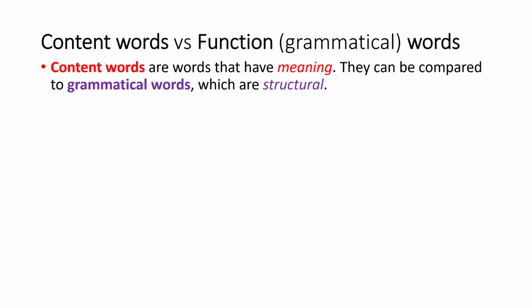And function words, or grammatical words, are going to be used for structure. They're going to be used basically as grammar. Now, that doesn't mean that function words have no meaning. We have lots of meaning in these words, but they have a more general meaning, I suppose, whereas content words have more specific meanings for our sentences.